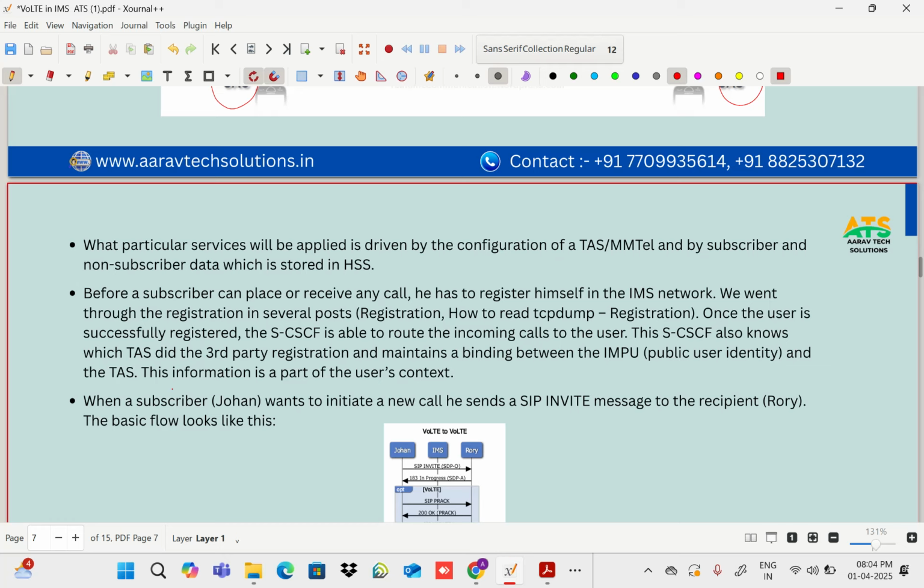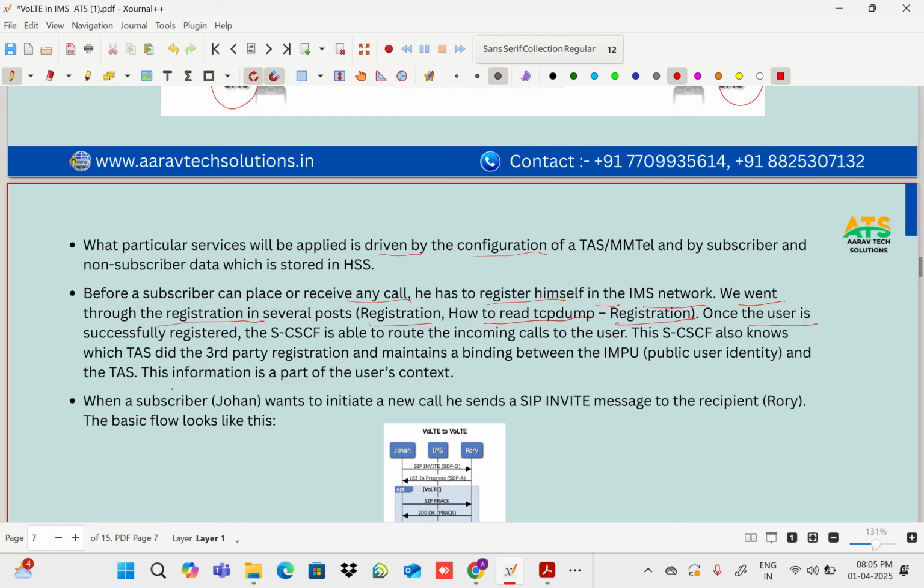What particular service will be applied is driven by the configuration of the TAS, MMTEL, by subscriber and non-subscriber data which is stored in the HSS. Before a subscriber can place or receive any call, they have to register in the IMS network. We went through registration in several posts, registration, how to read TCP dump, and everything.